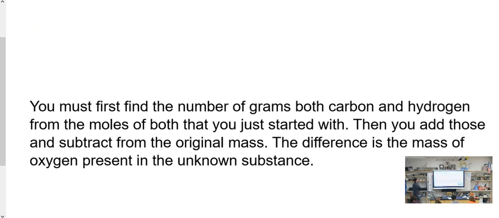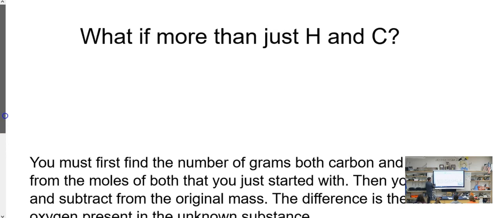If there's more, you must first find the number of grams of both carbon and hydrogen from the moles of both you just started with. Then you add those and subtract from the original mass. The difference is the mass of the oxygen present. Then you have to divide it by the mass of oxygen to get moles. Once you have moles, you divide all by their lowest answer, and then you're off to the races again. Now, that was a lot of words, like a lot of words, but we can do it.